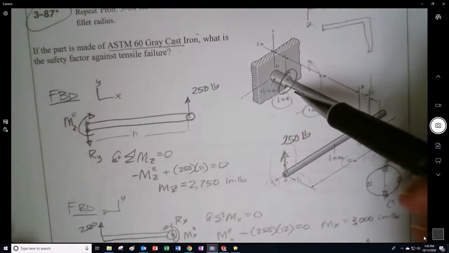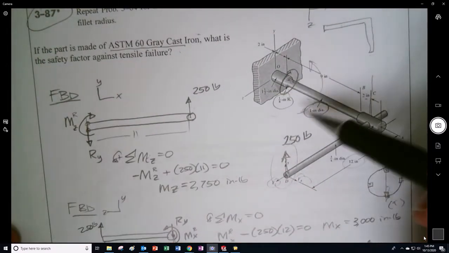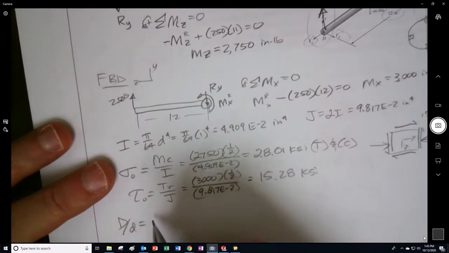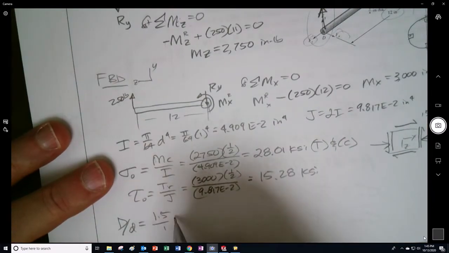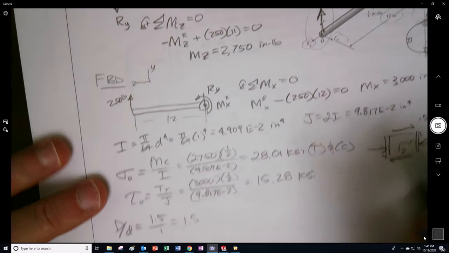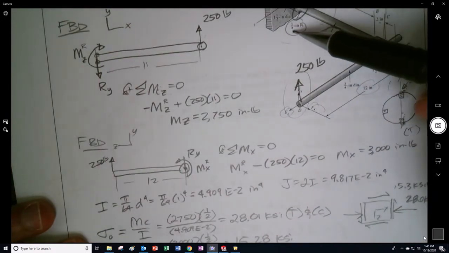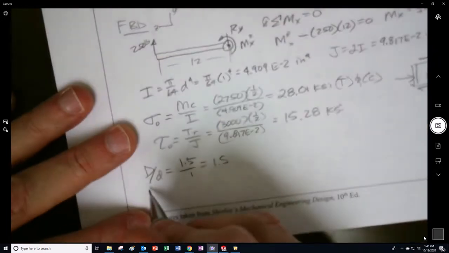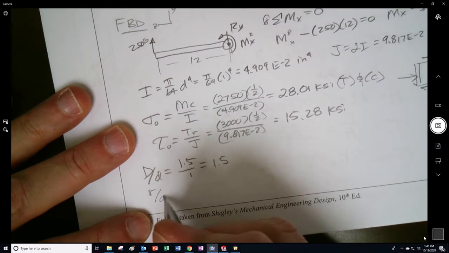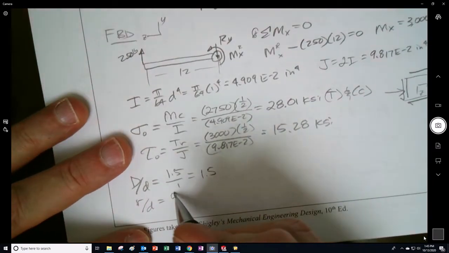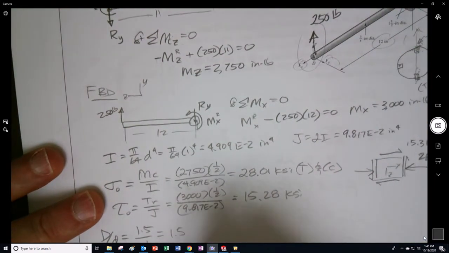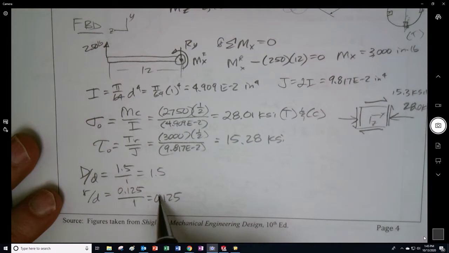That's going to be 1.5 divided by 1, which is 1.5. And the radius here, they're saying it's 1/8 inch. So R over d is 0.125 divided by 1. Those are the two things we're going to look up.